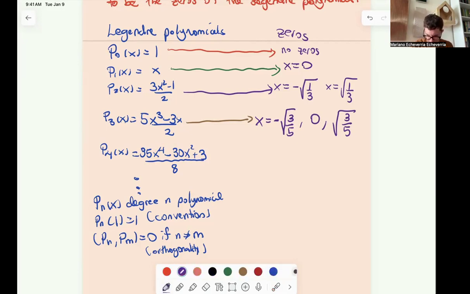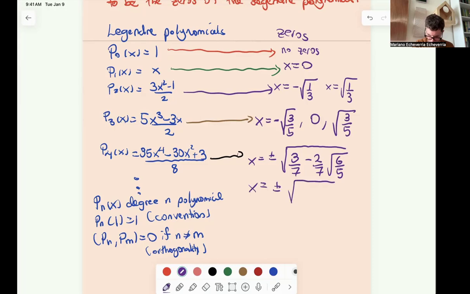In fact, I'll just put the answer, though we won't go that high in our examples. If you wanted to find the zeros, that one is a little bit messier actually. Plus or minus 3/7 minus 2/7 times root of 6/5, and it also could be plus or minus 3/7 plus 2/7. Oh, one is with minus and the other is with plus.